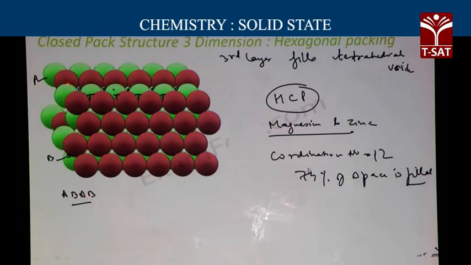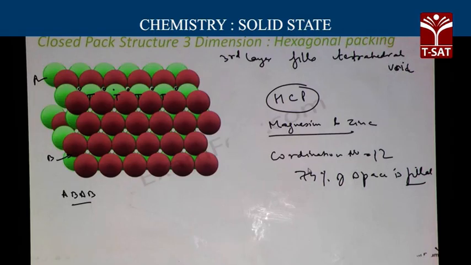Second layer is arranged in the depressions of the first layer, see here and here, and again first layer is filling the tetrahedral void. Third layer is filling the tetrahedral void in HCP.